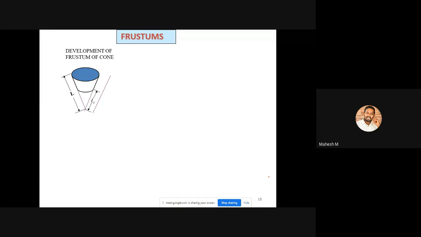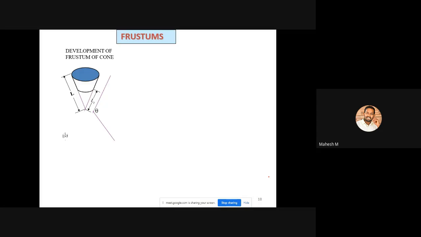Okay, so in this topic, development of lateral surfaces, you have to create the development for the frustum and also for the truncated solid. That means on the section of solids, you have to create the development of surface like this.